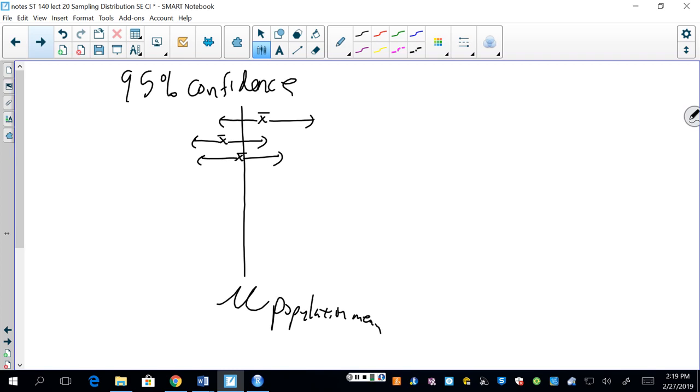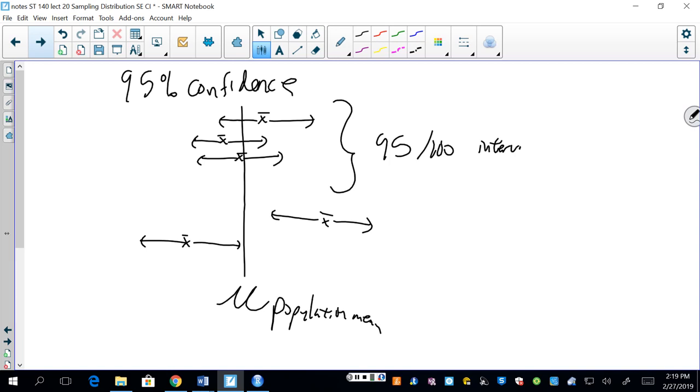Every once in a while, though, we'll get an X bar just by chance, right? That's going to be a little bit big, right? Or one that's going to be a little bit small, and it's just going to miss, right? So about 95 out of 100 intervals are supposed to cover. Right?